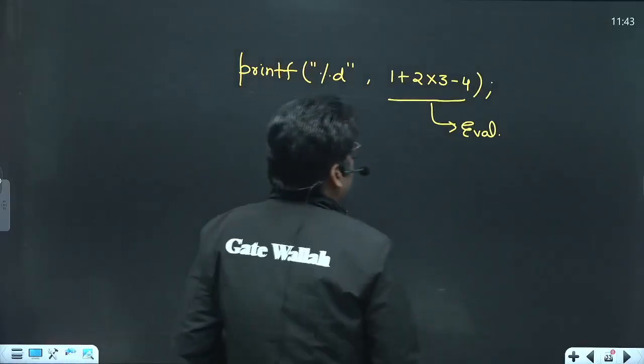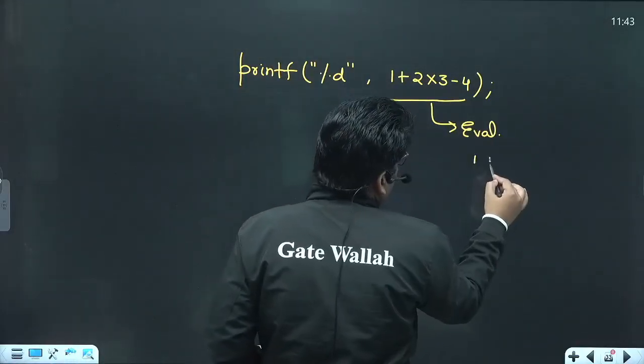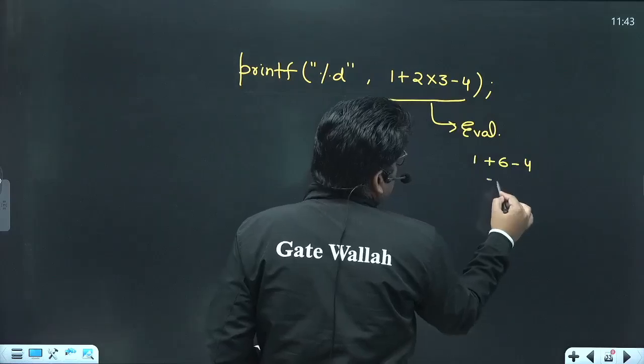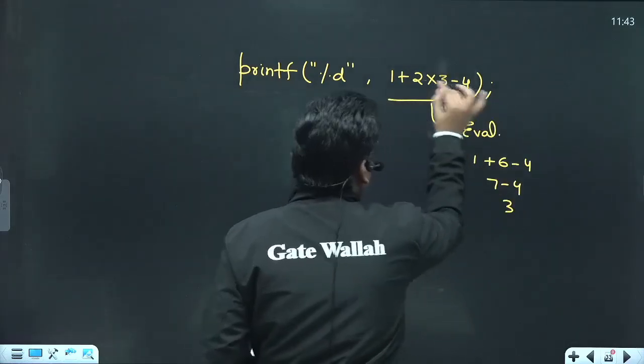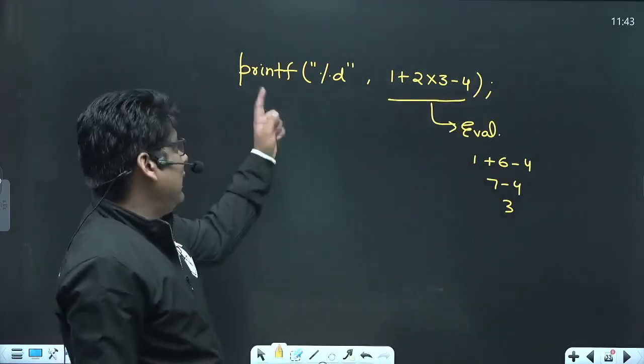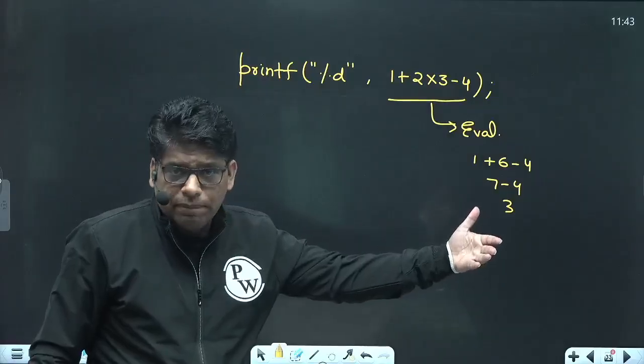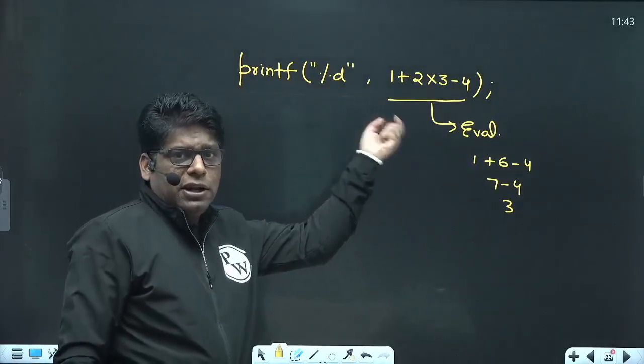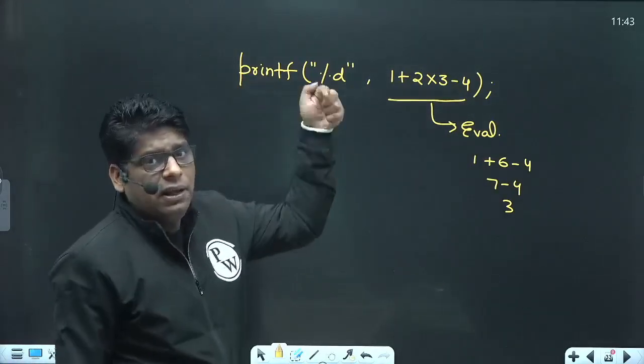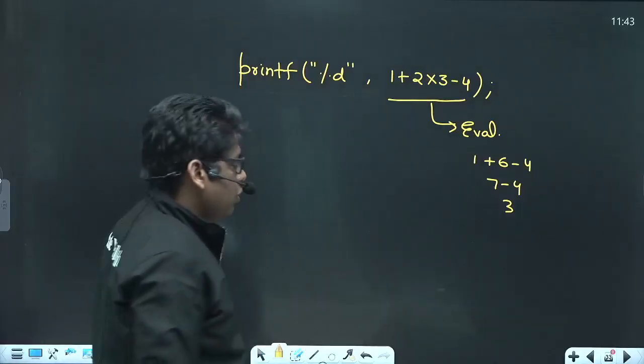Whatever it is, first 1 plus 6 minus 4, then 7 minus 4. That means first this expression is evaluated, then because of percentage d, the integer value is to be printed. Okay, sir.